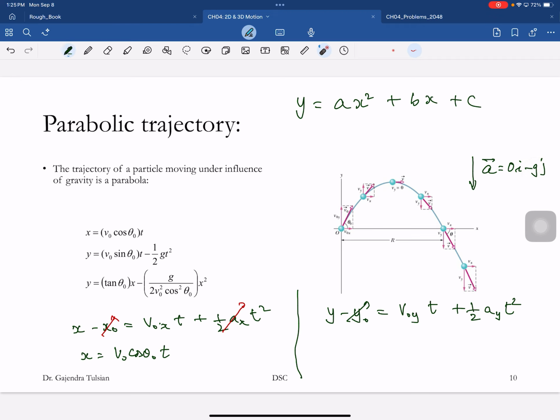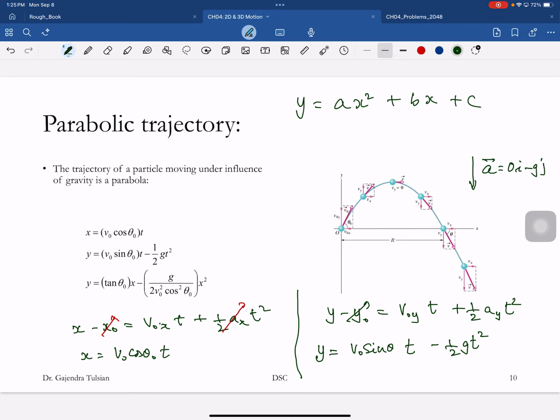So y is equal to v naught y, which is v naught sine theta naught. This is the initial component of the velocity. Here's v naught x, here's v naught y. Times t, minus 1/2 g t squared.